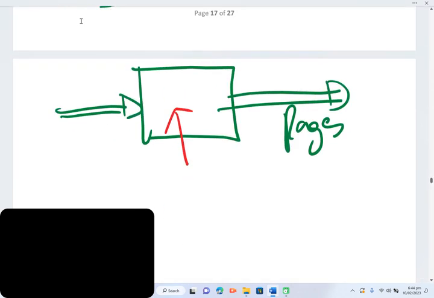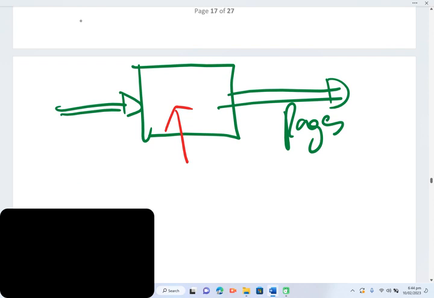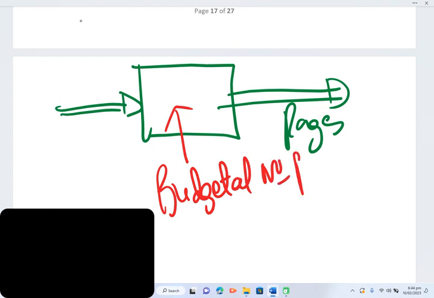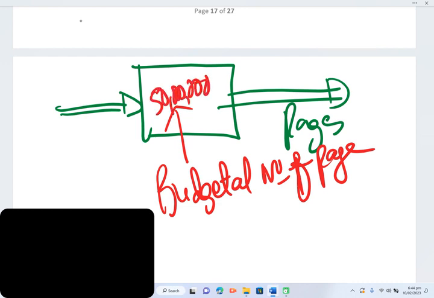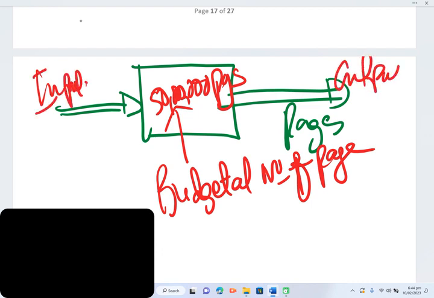Budgeted number of pages that a photocopy can photocopy for the life. Utakuta imeandikwa kabisa labda milioni ngapi? 50. Zikifika pages photocopy inakufa. Utakuwa na input na output.